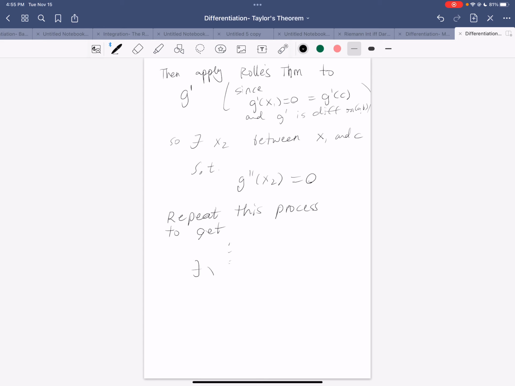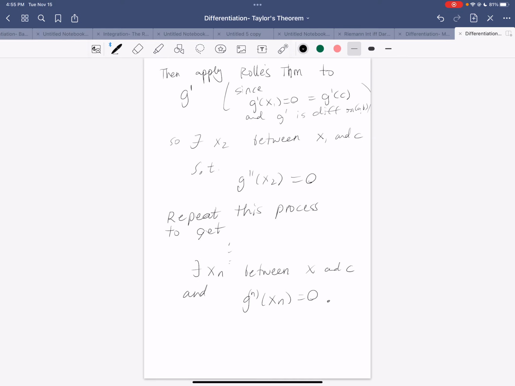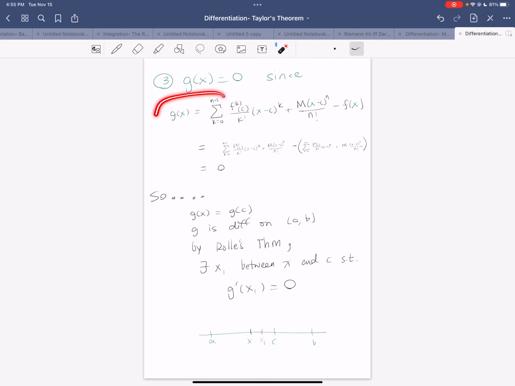right, there exists xn such that xn is definitely between x and c, and the nth derivative of g at xn is equal to 0. The last thing we need to do is go back and compute the nth derivative of g. So if this is g, the question is, what is the nth derivative of g?